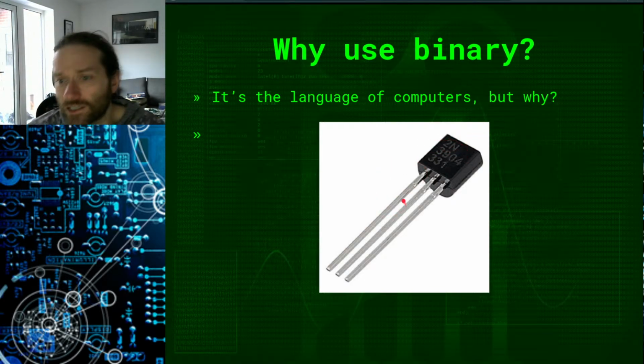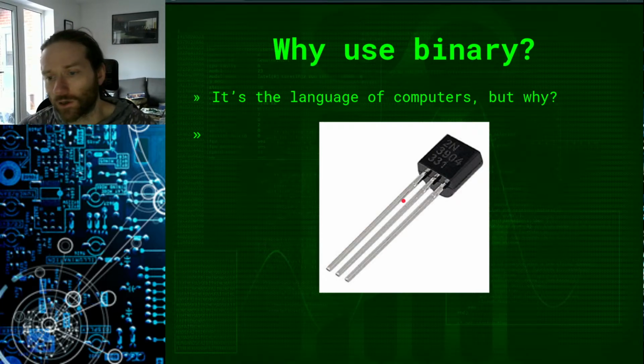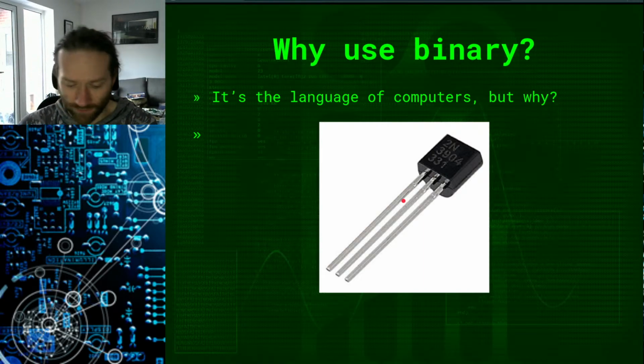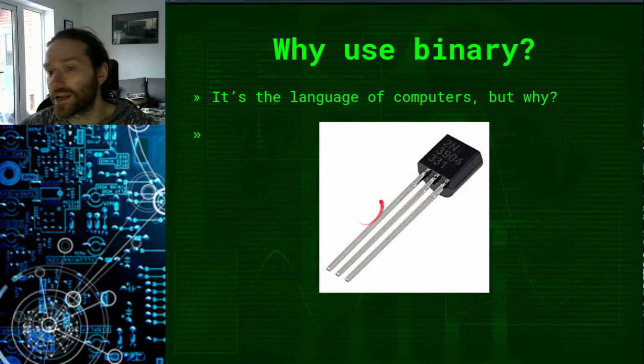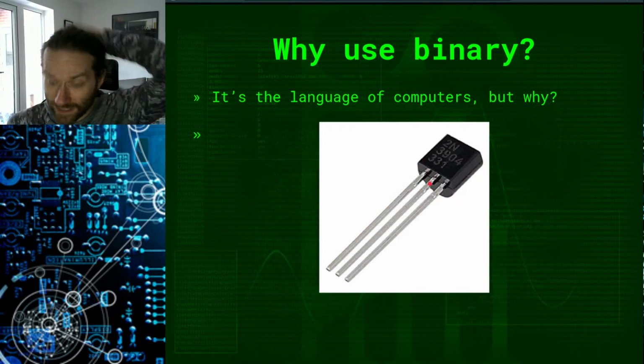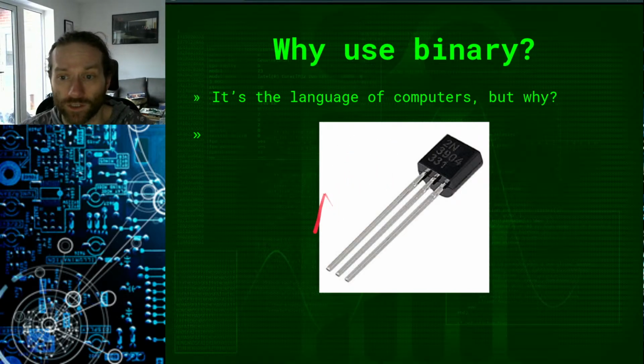Multiple transistors go together to form logic gates and not gates, and out of those logic gates we can construct things like adders and multiplexers and all sorts of other internal workings. In fact, the memory inside your computer is made up of lots of transistors all linked together. And because these switches can be either on or off, that corresponds to either a 1 or a 0. We're effectively sending little bits of electricity around our computer.